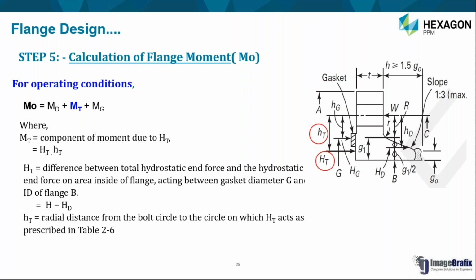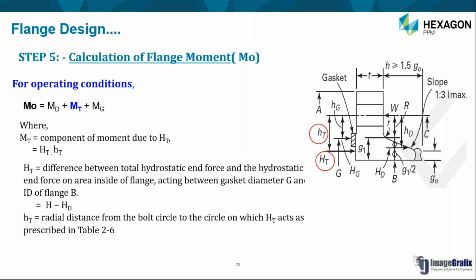This is the force actually present on that annular area. So the actual value of that force is the difference between H, the total hydrostatic end force, which is calculated as pi by 4 G square multiplied by the pressure, and HD, which is pi by 4 B square multiplied by the pressure. So this HT is a hypothetical force.